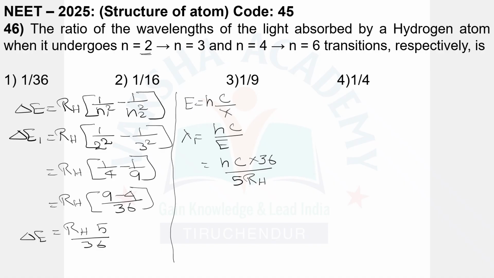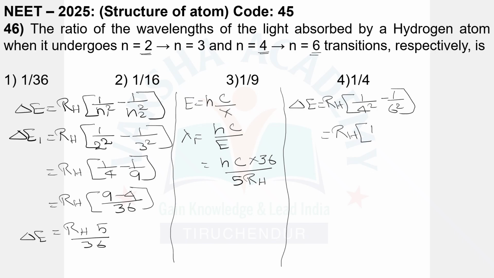Similarly, we want to calculate the lambda value for the second condition. First we calculate delta E. Delta E is equal to the Rydberg constant RH into 1 by n1 square minus 1 by n2 square. The first energy level is 4 and the second is 6, so 1 by 4 square minus 1 by 6 square. Delta E is RH into 1 by 16 minus 1 by 36, which is RH into 36 minus 16 divided by 36 into 16.